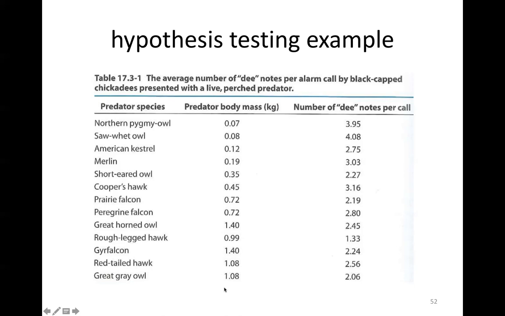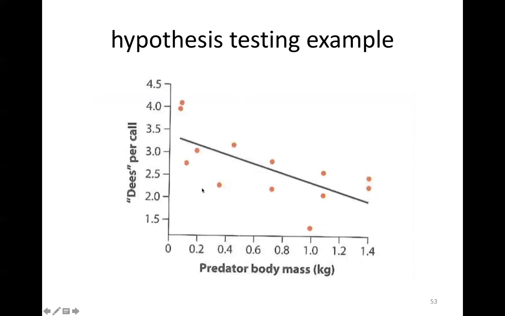The hypothesis was that the sounds contain information about the level of danger, such that if the predator is relatively small, there are more sounds, and if the predator is large, there are fewer sounds made. So the number of D notes that the bird utters seems to be negatively correlated with the predator body mass.